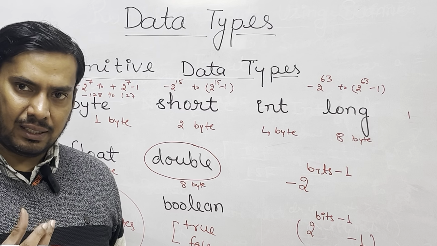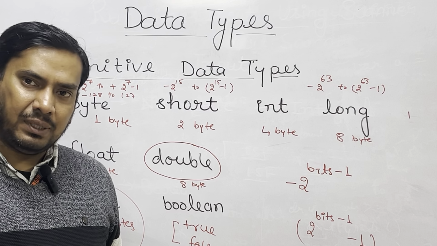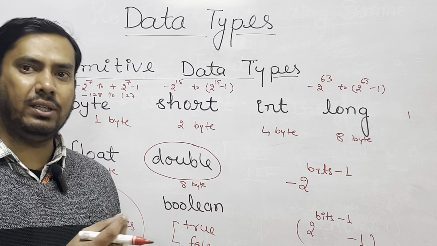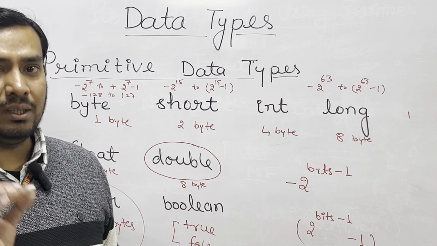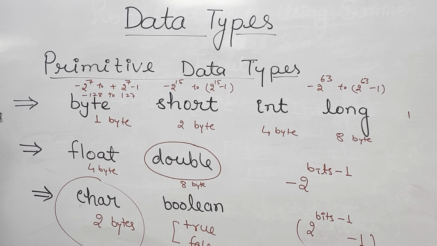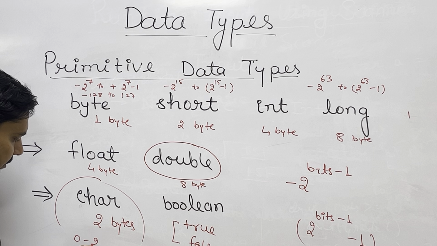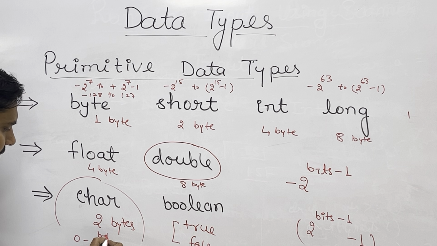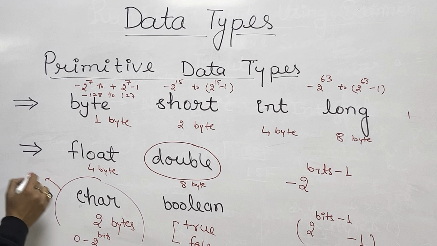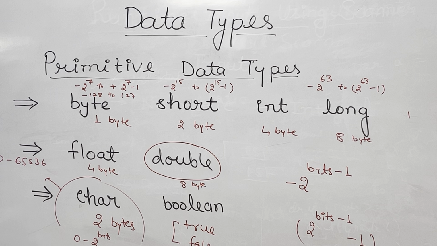It means a char variable can be assigned some character, or it can be assigned some integer value, but that integer value must be in the range of char. What is the range of char type? 0 to 2 raised to the power number of bits, so its range is 0 to 65536.